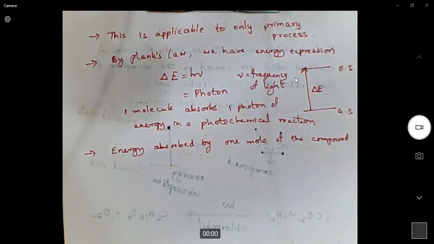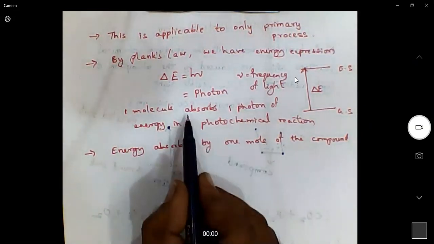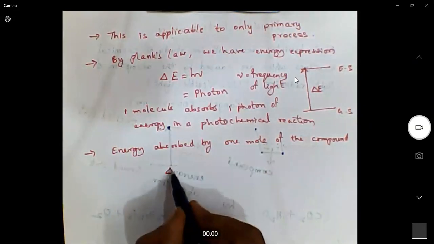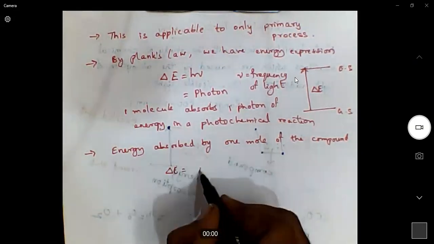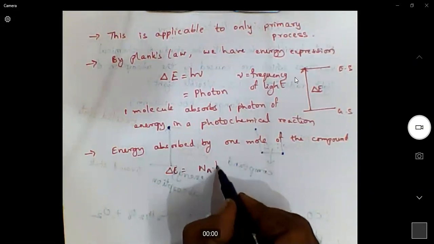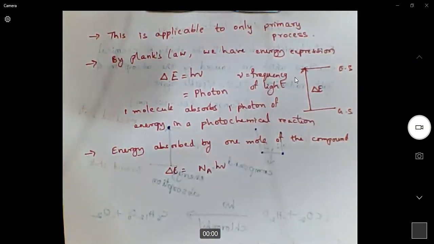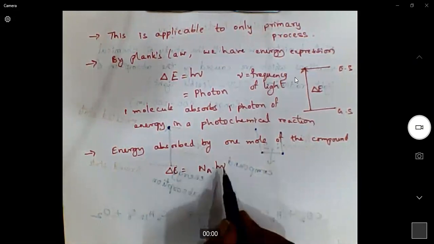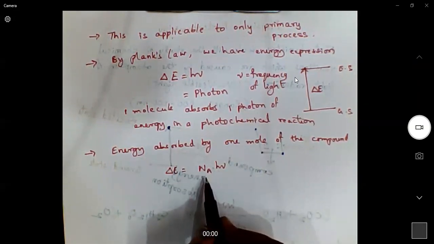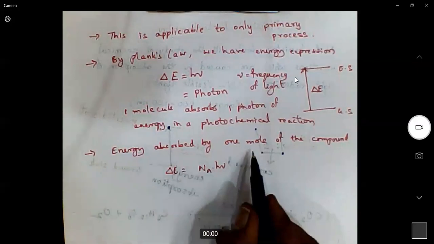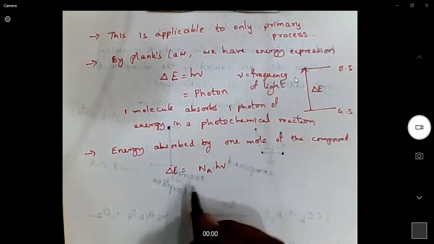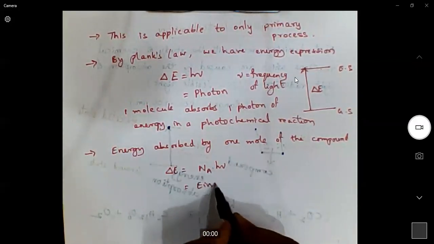In 1 mole of a compound, we will have Avogadro number of molecules. So energy absorbed per molecule is h nu, and if we want to calculate the energy absorbed by Avogadro number of molecules, we need to multiply it with the Avogadro number. So when we multiply photon with Avogadro number, we will get the energy absorbed by 1 mole of the substance. It is called Einstein.